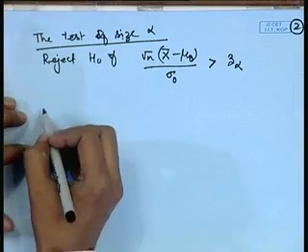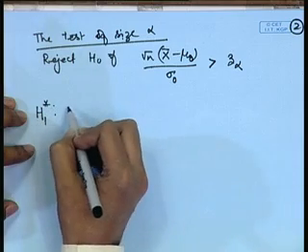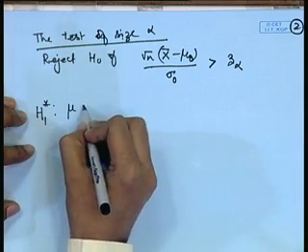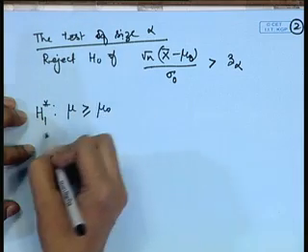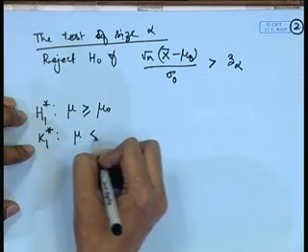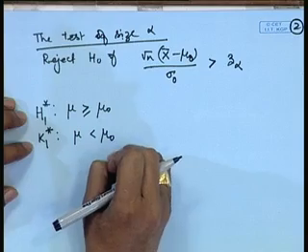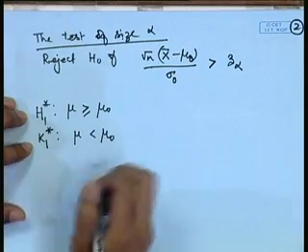On the other hand, if I have considered say H1 star, where mu is greater than or equal to mu naught against say K1 star, that is mu is less than mu naught, then the nature of the null and alternative hypothesis has got reversed.